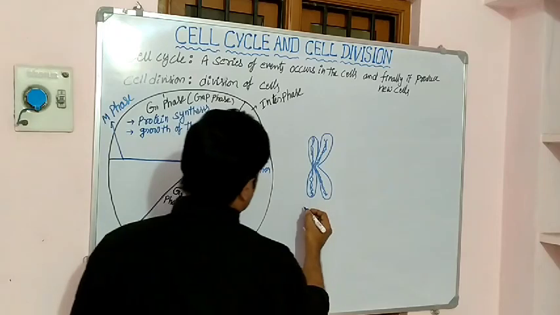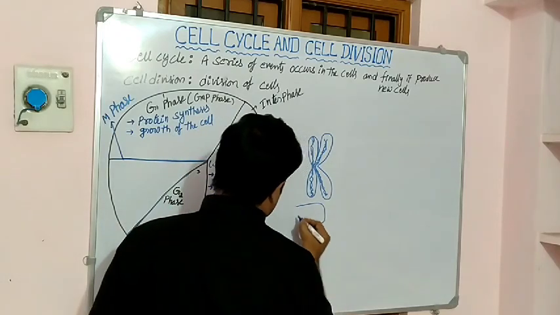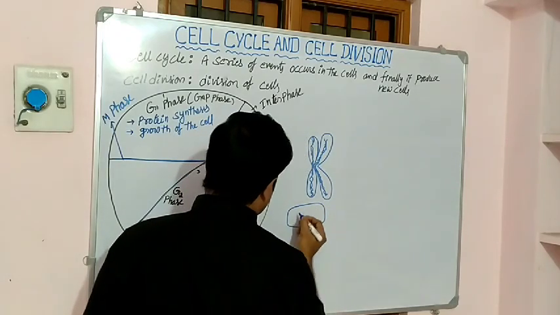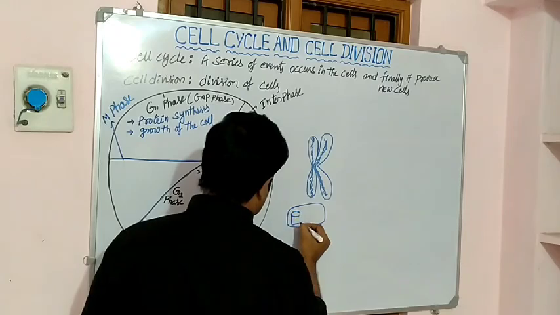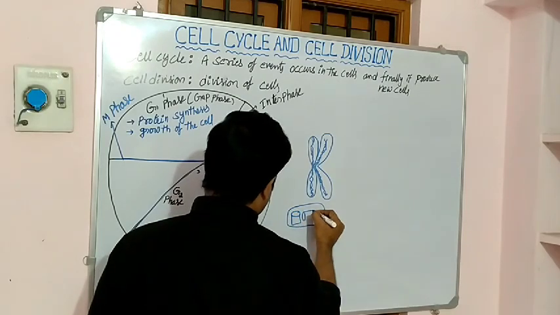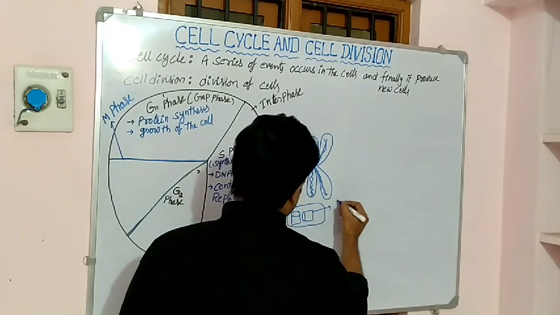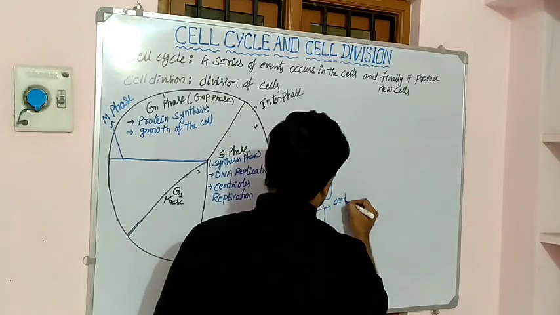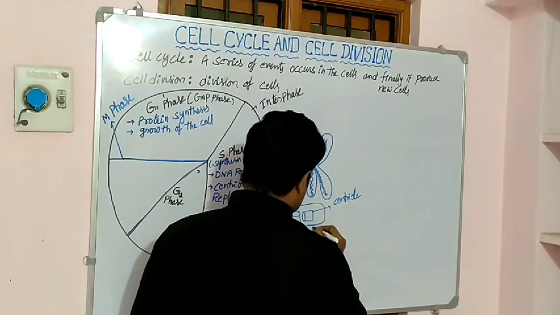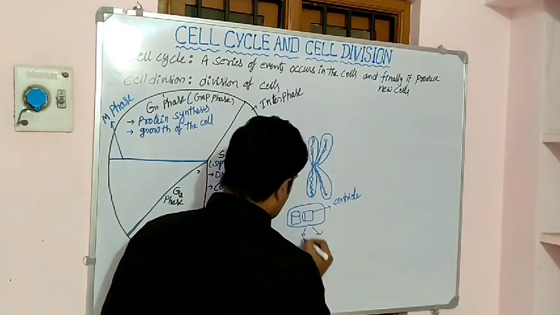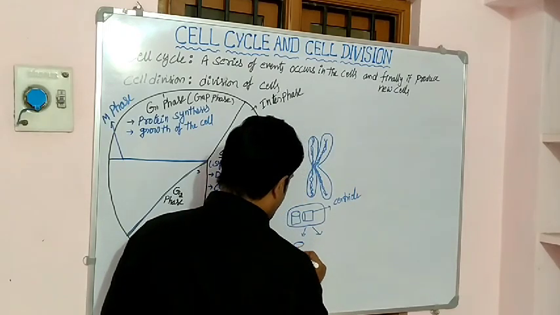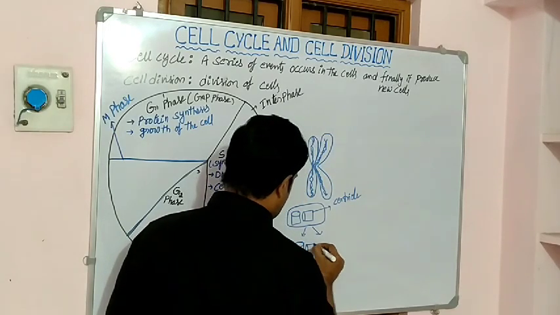Same like that, you already know very well. This is the centrosome. Inside the centrosome there are some internal organs. These are called centrioles. These centrioles again form an exact copy of the centrioles like this.